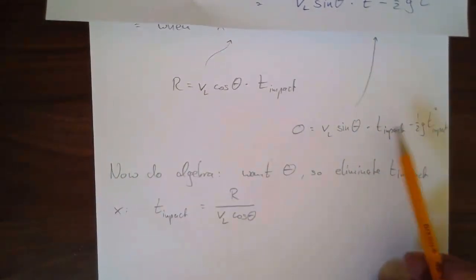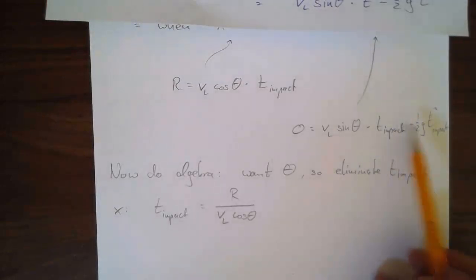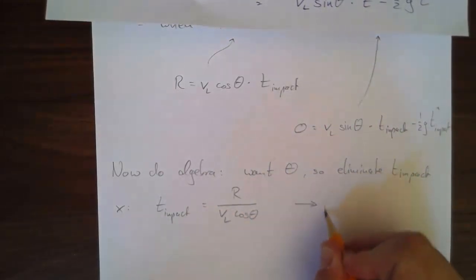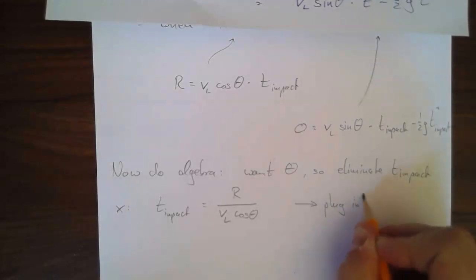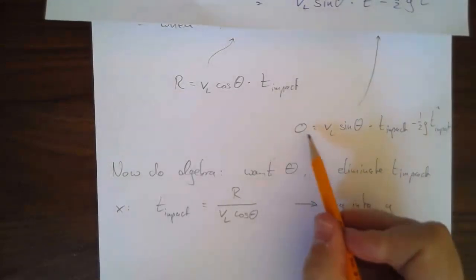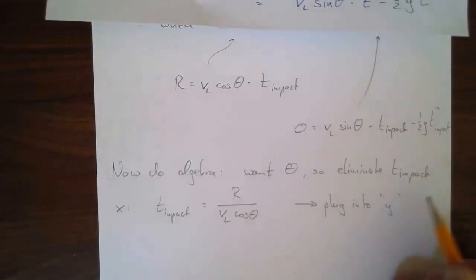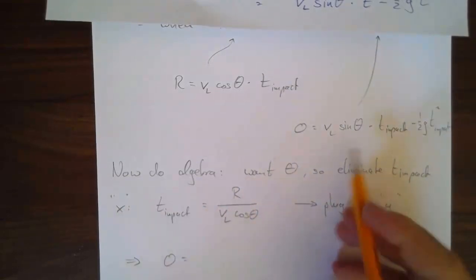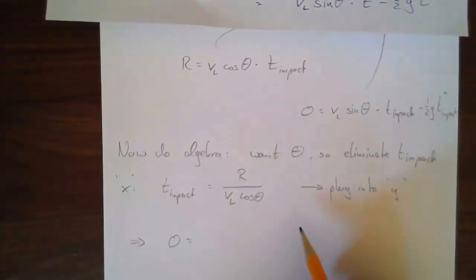And I can take this and plug it into here, and let's see what we get, I suppose, right? So plug into y. You're going to take this and plug it into the y equation. By that I mean, of course, this one here. And what I get then is that 0 is equal to VL sine theta t impact.